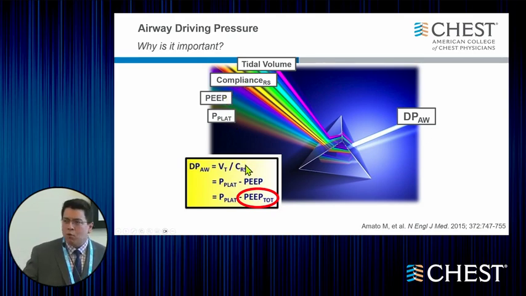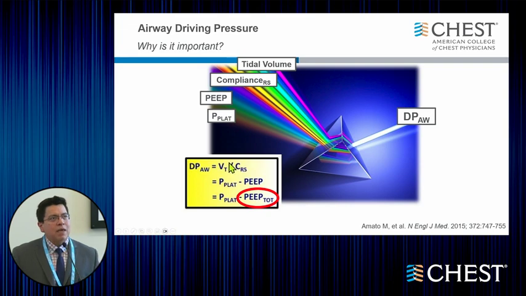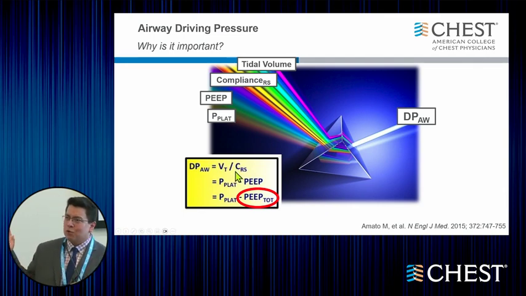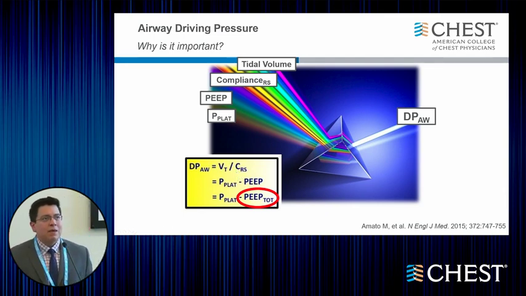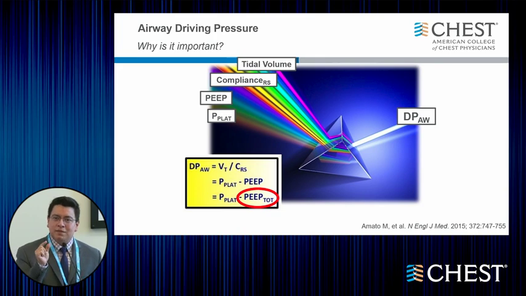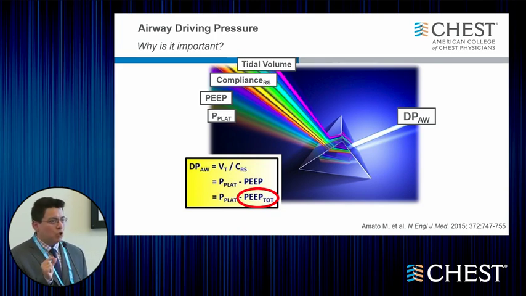So the real equation of driving pressure is trying to normalize your tidal volume by your respiratory system compliance. However, if you remember those equations that we reviewed earlier, respiratory system compliance is tidal volume over plateau minus PEEP, right? So if we have a constant tidal volume, we end up with plateau minus PEEP.